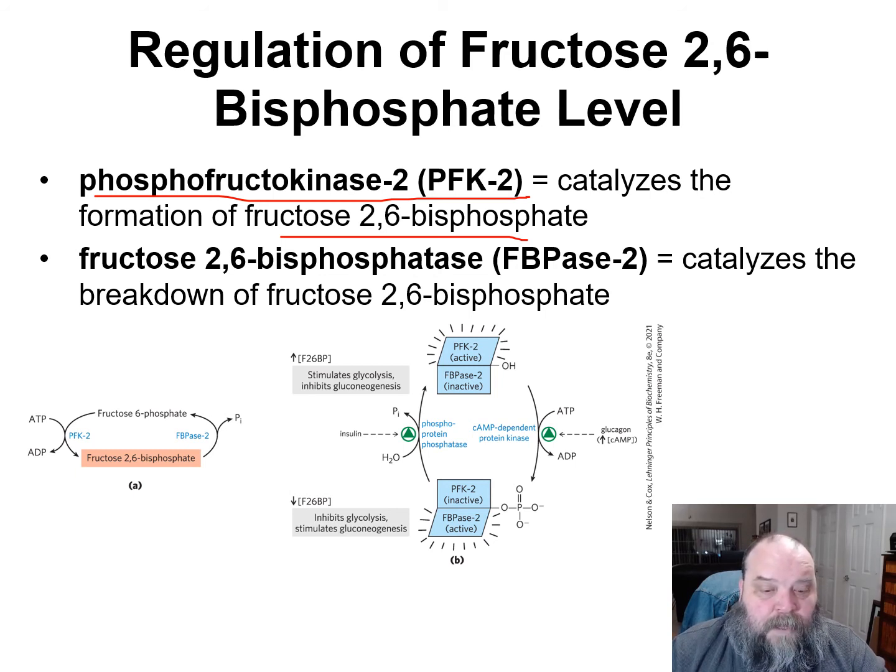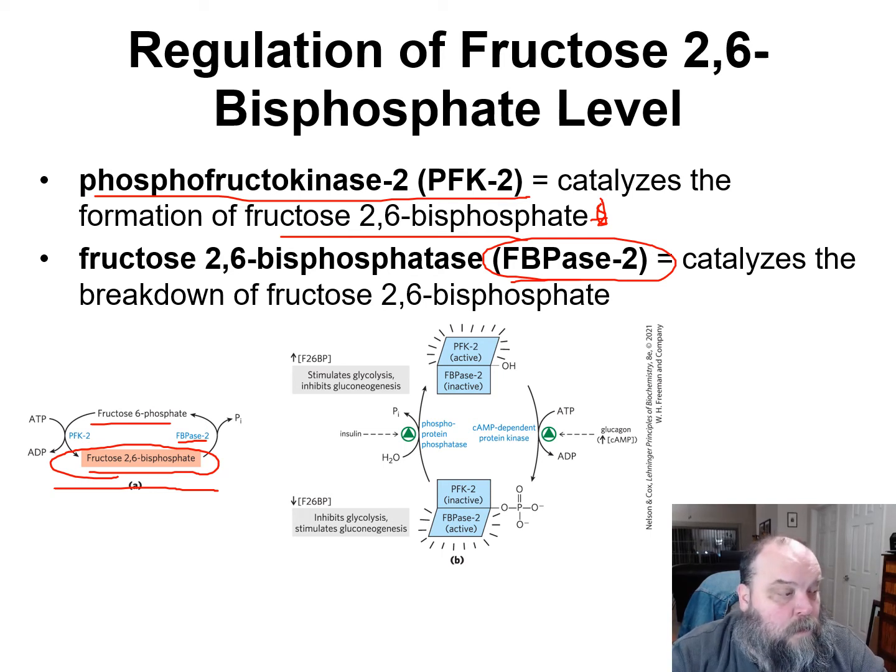So PFK2 says yes, make more, whereas you also have a phosphatase that says get rid of it, break it down. So you look here, PFK2 takes this and makes the signal molecule, whereas FBPase2 takes the signal molecule and turns it back into fructose 6-phosphate.